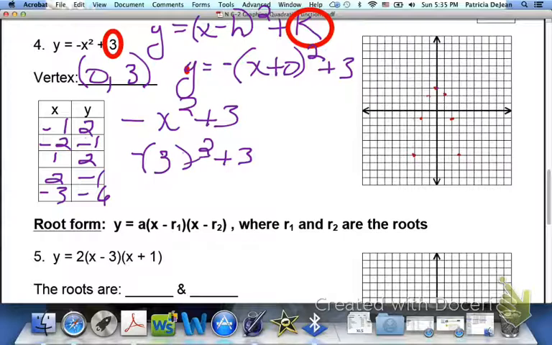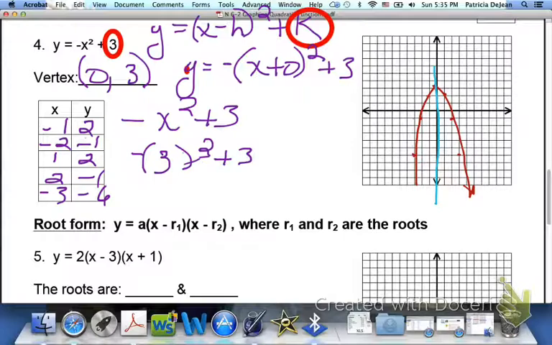And our axis of symmetry, here's our parabola going this way. Okay, and our axis of symmetry, if we were drawing that, is right here on the y-axis.